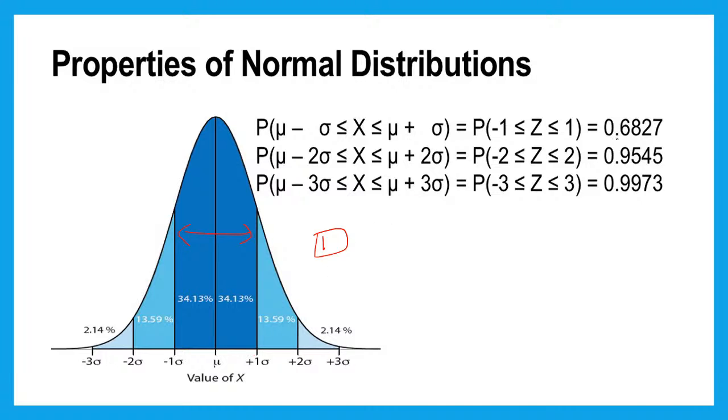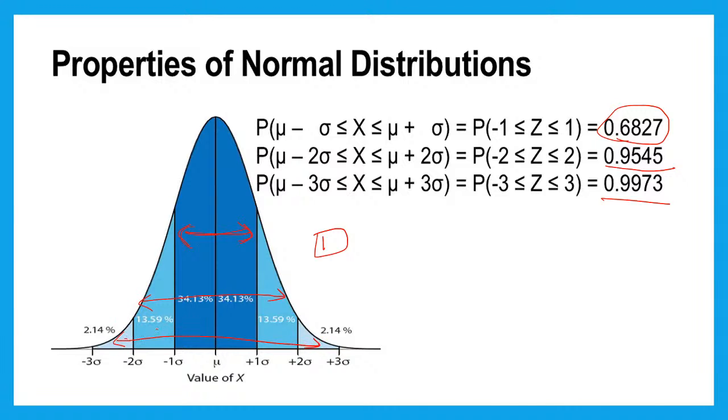These are all standard values. 68.27% will lie in this area, and 95.45% will be in this area, that is 2 sigma: the area between mu minus 2 sigma and mu plus 2 sigma. Similarly, between mu minus 3 sigma and mu plus 3 sigma, it is 99.73.